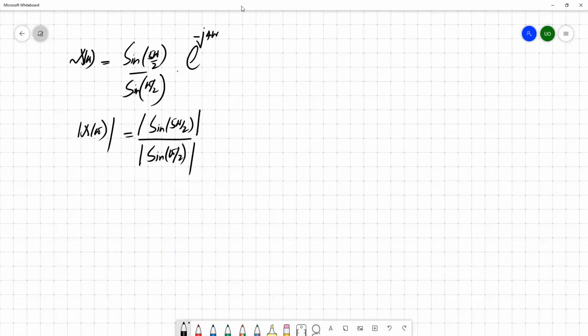Or else you can take the magnitude of this entire function. Then the angle of this X of omega, let's assume theta of omega, is the phase spectrum. And this is the magnitude spectrum.